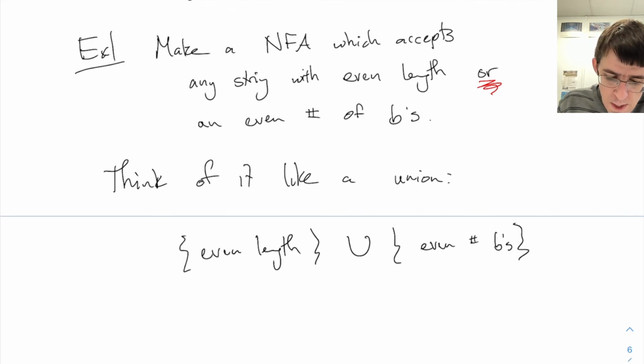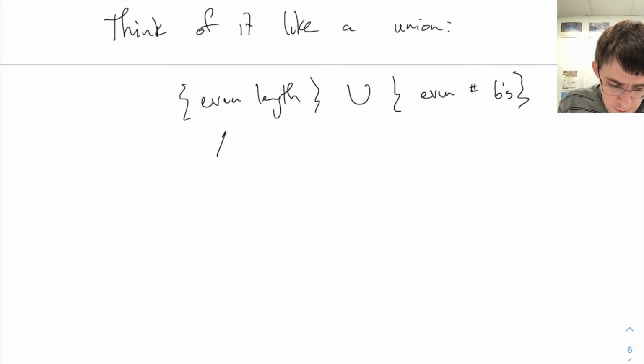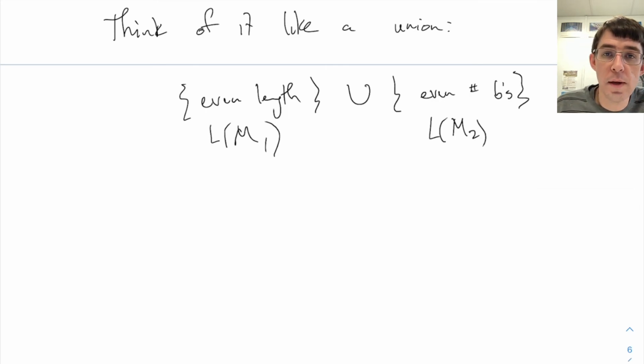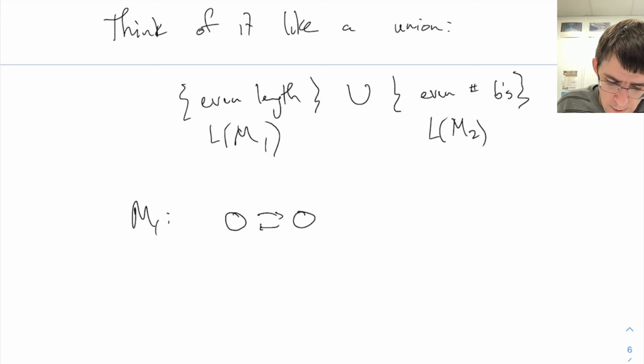So let's do each of these. I'll call that M1 and I'll call that M2. Really, these are the languages of M1 and L of M2. How do we draw a machine which accepts with even length? Actually, this is very easy to do even as a DFA. Whenever I see evens and odds, I think of arrows going back and forth.